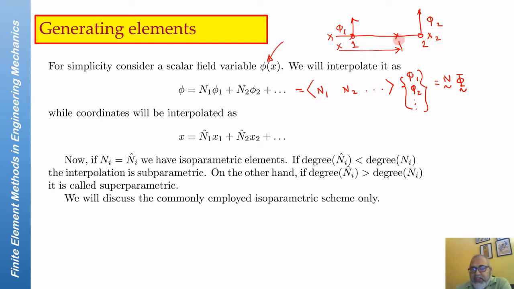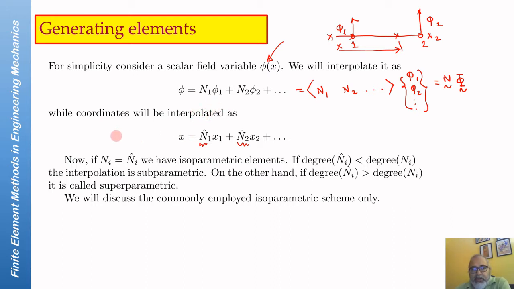This interpolation we do using another set of interpolation functions which we call n1 cap, n2 cap, and so on. So potentially these two interpolation schemes can be different.